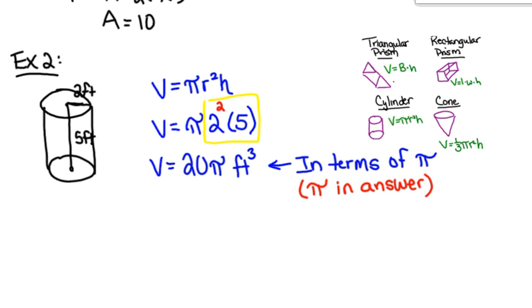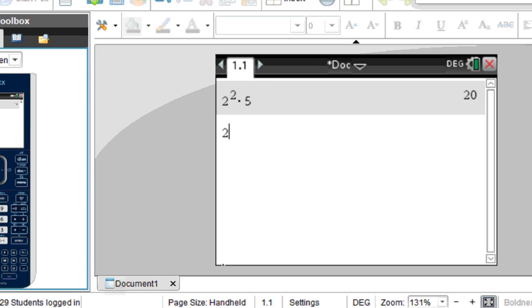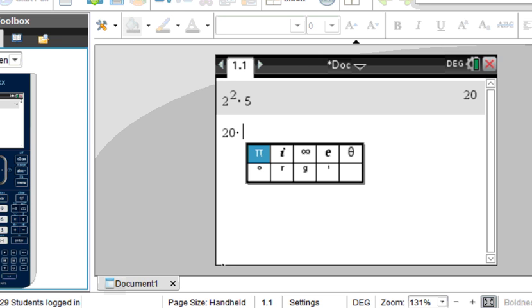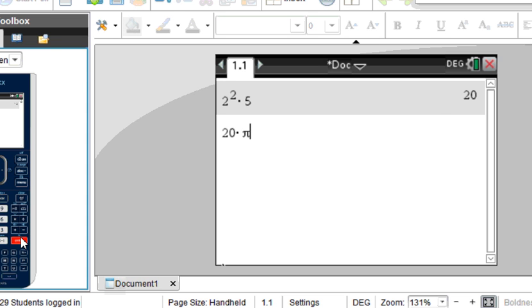And maybe they ask for it to the nearest tenth of a cubic foot. If they ask for it to the nearest tenth of a cubic foot, then I'm going to get my calculator out and I'm going to multiply the 20 times the pi in my calculator. Or in other words, the pi times the 2 squared times the 5. And I'm going to make sure that I use that pi button right in the bottom left corner of my calculator. So 62.8.